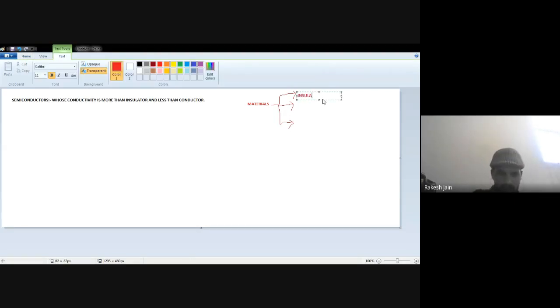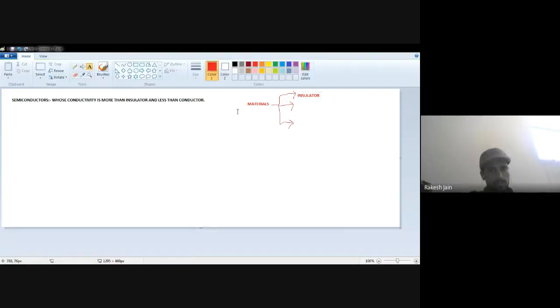So first is insulator. As the name implies, what is the meaning of insulator? Insulators are those which cannot provide the flow of current through them. They are not electrical conductors, meaning no current will flow through the insulators.